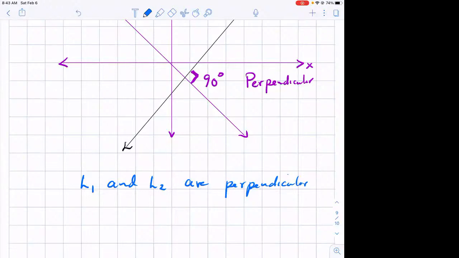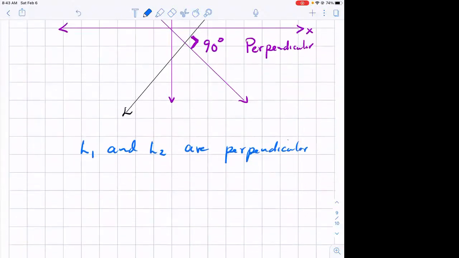And this means that the slope, M, for line 1 is the negative reciprocal of the slope of line 2.